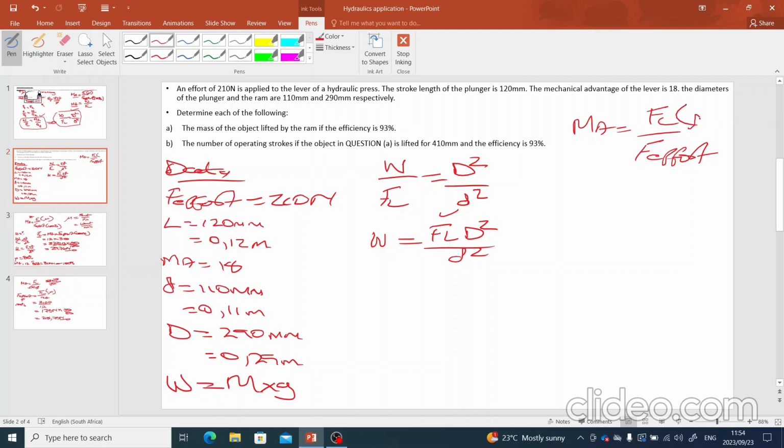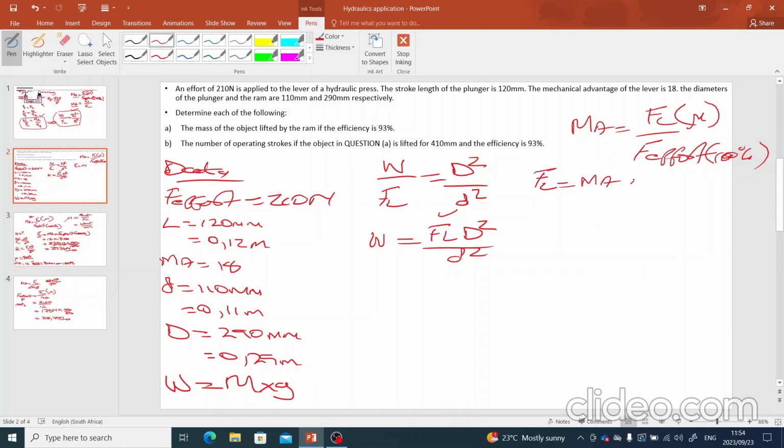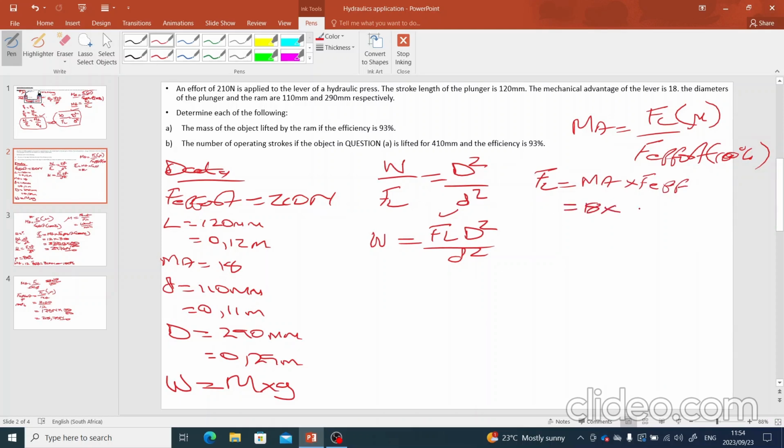Remember, this one is affected by efficiency. This one is assumed to be at 100%. Now, we are looking for FL. In calculating the FL, it will be FL equals MA multiplied by F effort. Our MA is 18, multiplied by F effort, which is 210.